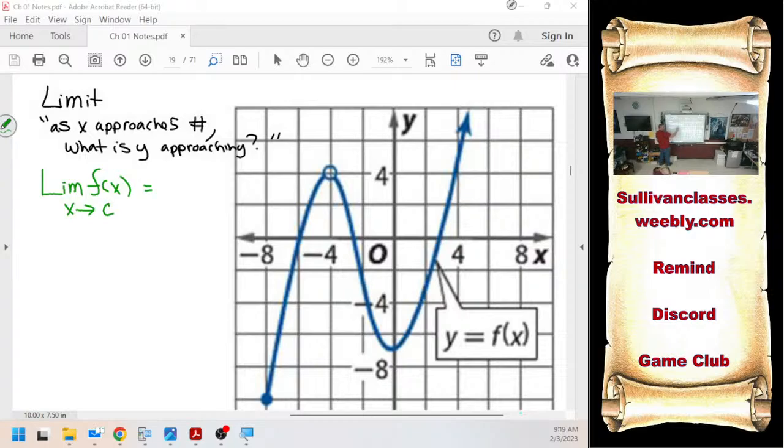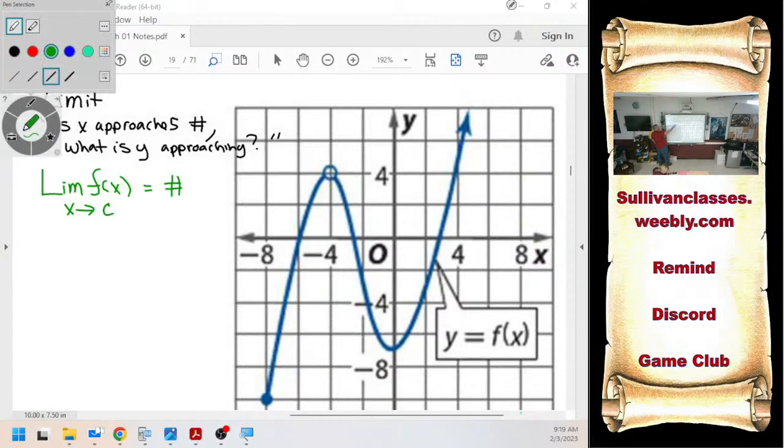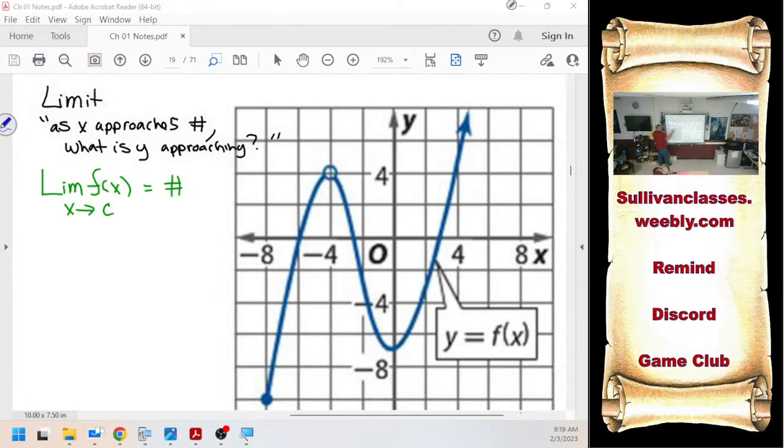And then I'll have some number here. But what we like to do, this is how they write it. I would much rather say instead of c, I'd rather say as x approaches this x value, my y's are approaching this. Okay? As x goes here, what are y's doing? That's a limit.